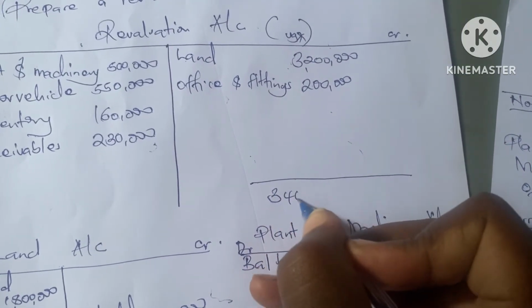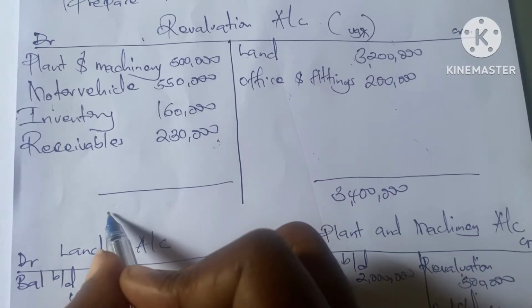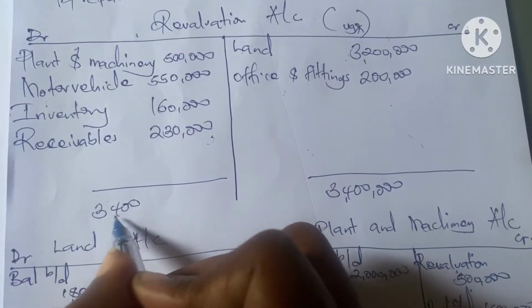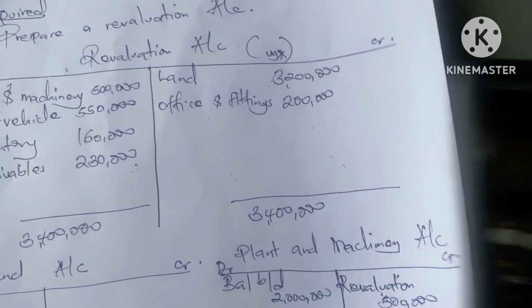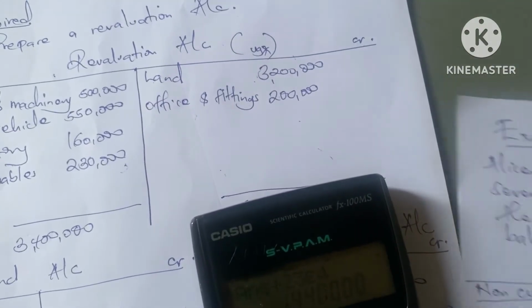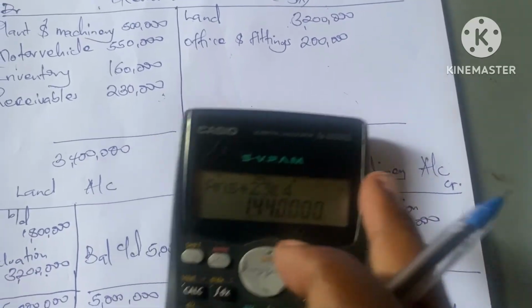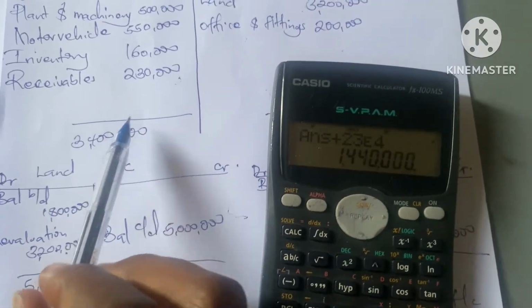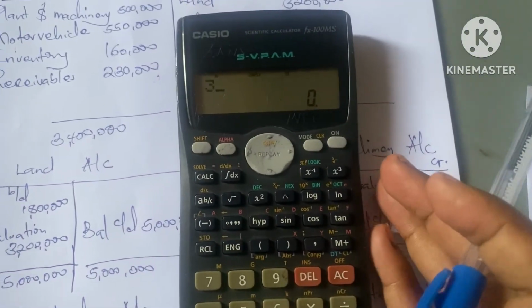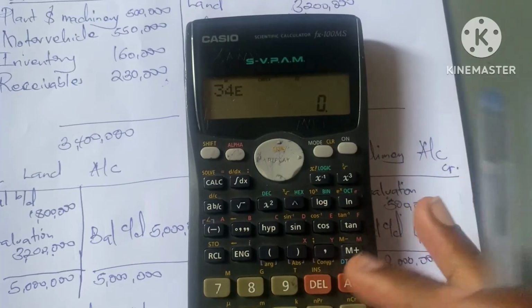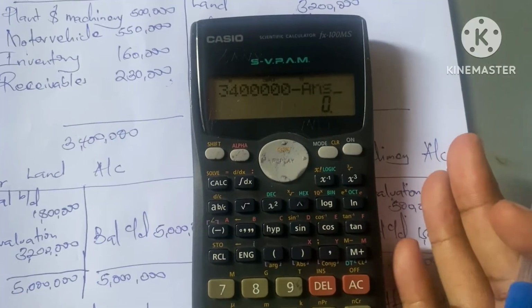So 3.4 and 3.4, like that. 3.1, then 3.4. So the profit is going to be this minus the whole of this. So 3.4 minus the answer.